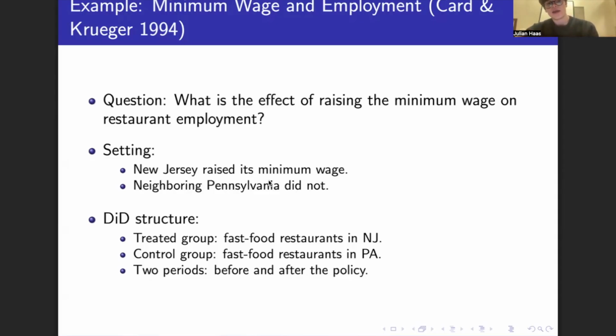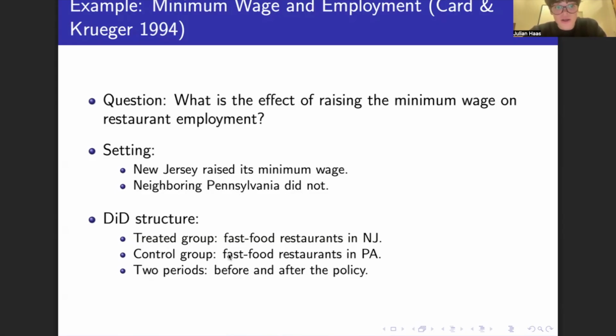So if we're willing to say that employment in New Jersey, had it not received the minimum wage, would have trended in parallel to the trend of Pennsylvania's employment, then we can argue that what we observe in the data is the effect of the minimum wage on employment, right? So here, the treated group is fast food restaurants in New Jersey.